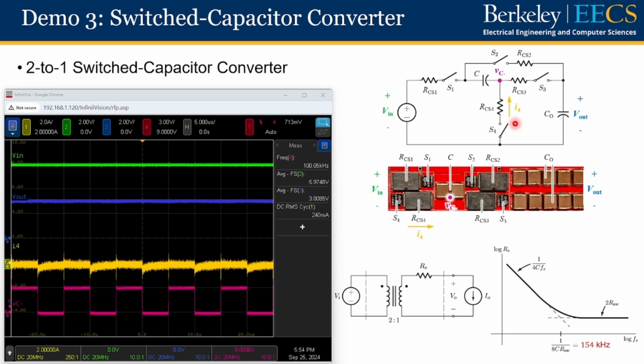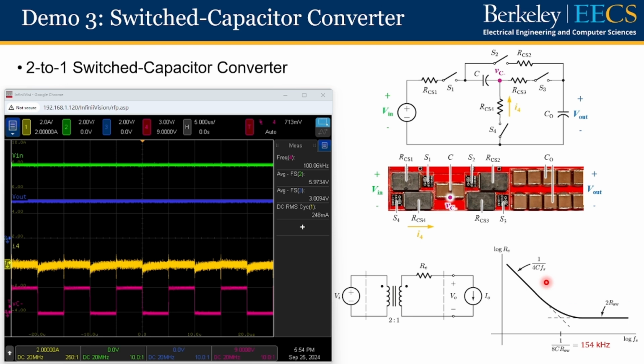In the lecture, we learned that a switch capacitor converter can be modeled as this circuit where we have a transformer in the front that shows the ideal voltage conversion of this converter, together with an output resistance at the output that captures the charge sharing loss in the converter. We know that this output resistance RE is frequency dependent.